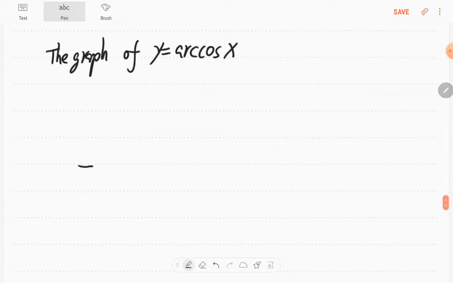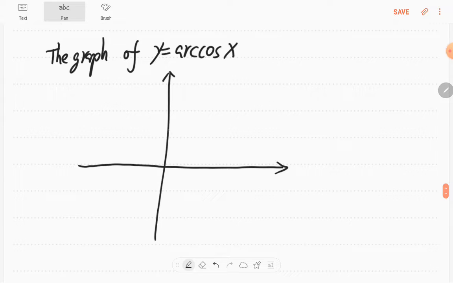So the first thing we can draw is, this is pi over 2, and here is pi. Here is 1, and here is -1.